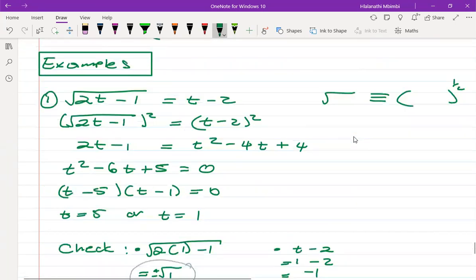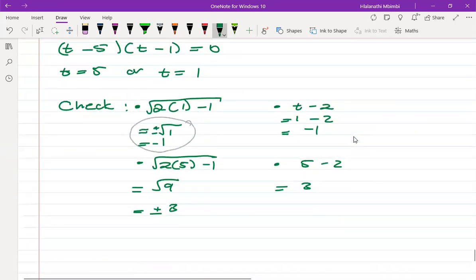What does that mean? It means when you come in here and do your check, when you put your 1 there, you're only expecting a positive number, right? You're expecting just positive 1. Even here, you're expecting just positive 3.